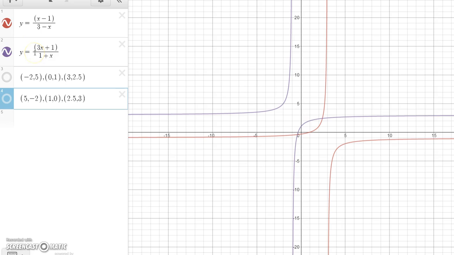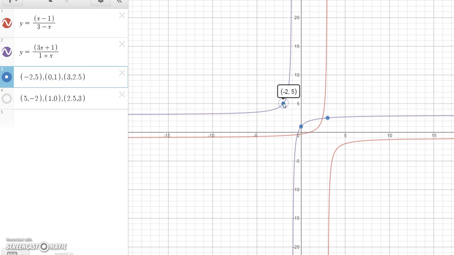Something else you might find interesting about a function and its inverse, like these two here: if I were to pick 3 points off of, say, the first one or the second one, it really doesn't matter. Let's say the blue graph. Let's say I pick 3 points on the blue graph.